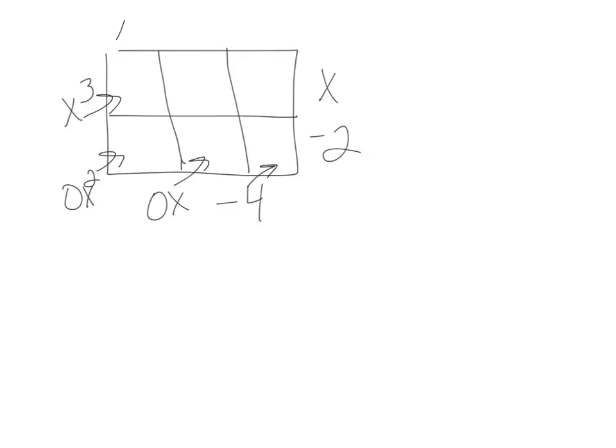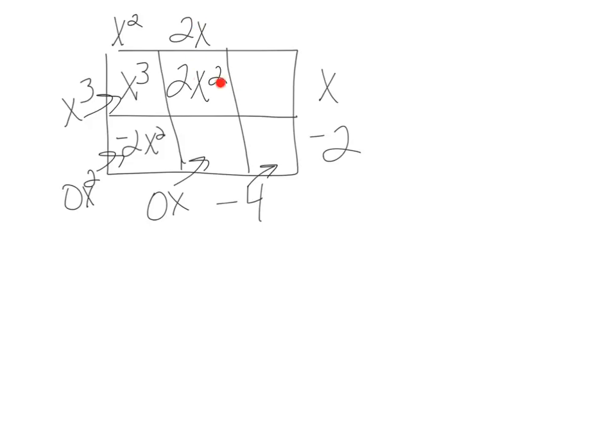So I believe if I do x squared, and I multiply across the row and the column, I get x cubed here, and negative 2x squared. Work my way up here. To get 0, I would need a positive 2x squared, and to get that, I would need 2x.